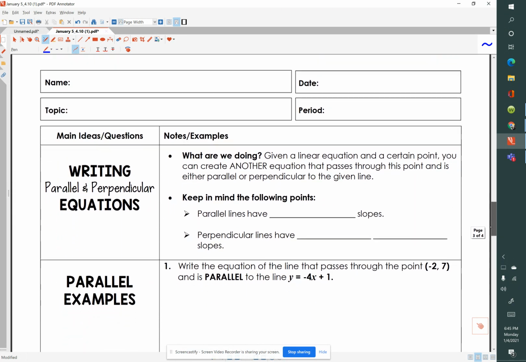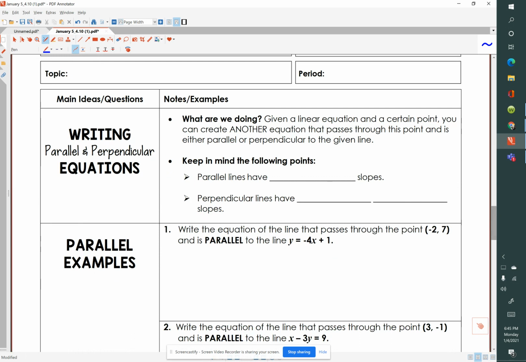But let's start with writing these equations. So our topic is writing parallel and perpendicular equations. So what is it we're doing here? Because it can get a little confusing. So we are given, okay, given means the assignment gave us a linear equation. That's the equation of a line. And we're given a certain point.